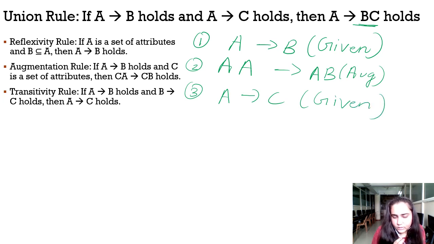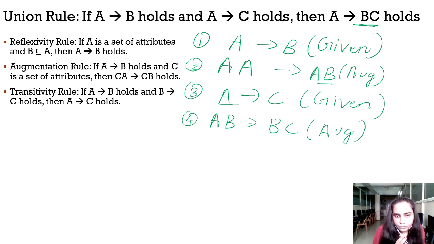Now using this, I'm again going to augment something, and what I'm going to augment is B, because right here I have AB together, so I want AB in this position also. So I'm going to write down as my fourth step, AB determines BC. So I've augmented B into that. So again, this is my augmentation rule.